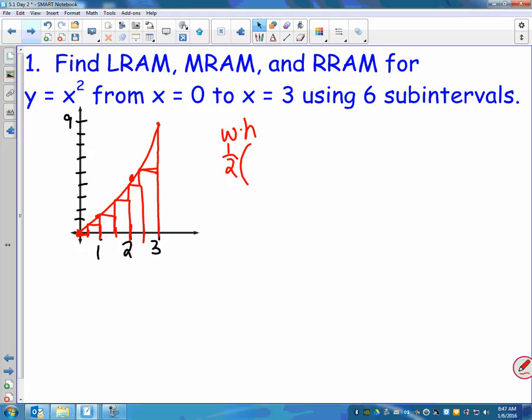So my left endpoints are 0, 1/2, 1, 3/2, 2, and 5/2. I'm not going to be using 3 as an endpoint because there is no rectangle with 3 as its left side.